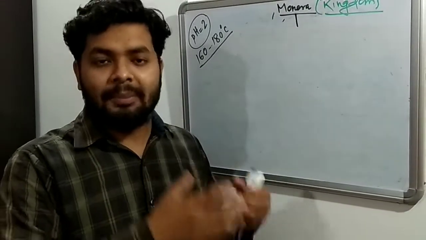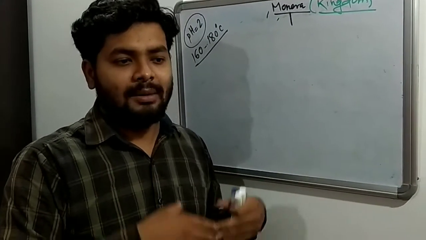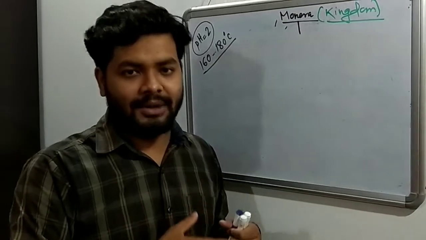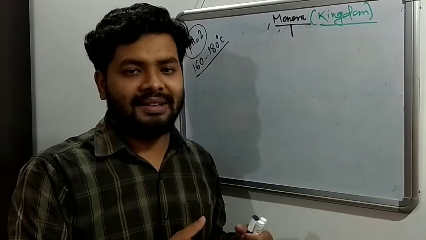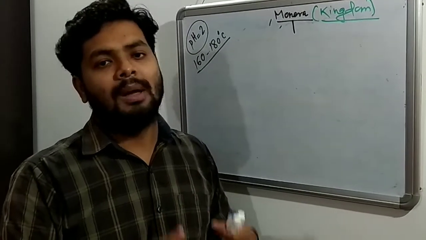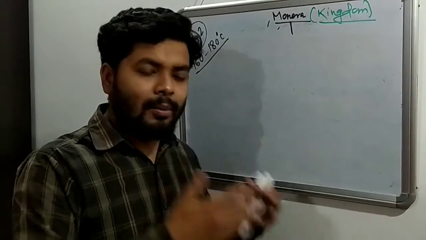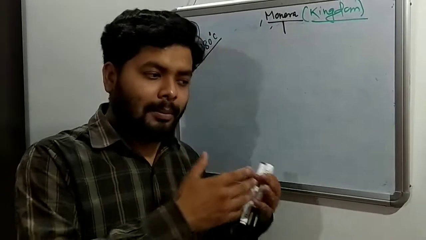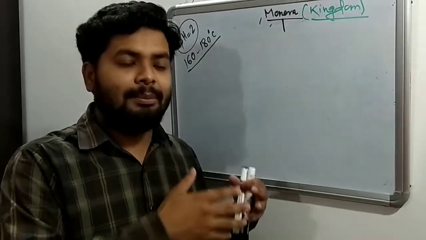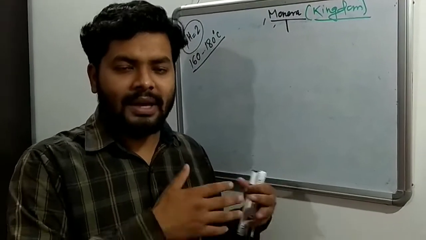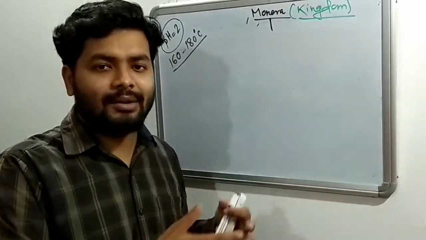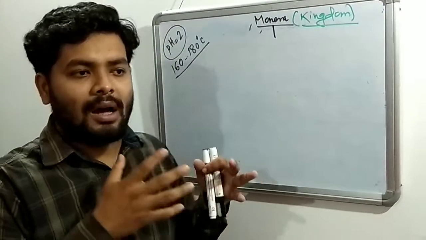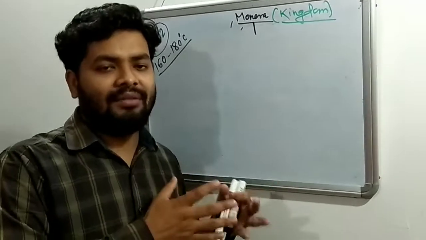Many bacteria produce medicines known as antibiotics, like streptomycin, azithromycin, and neomycin. A few bacteria are used in fermentation, where they produce vinegar. They also help the food industry in various ways. So these are the good effects of bacteria.